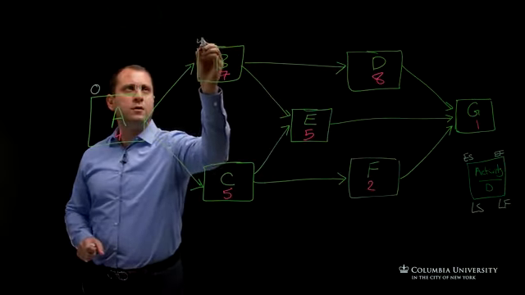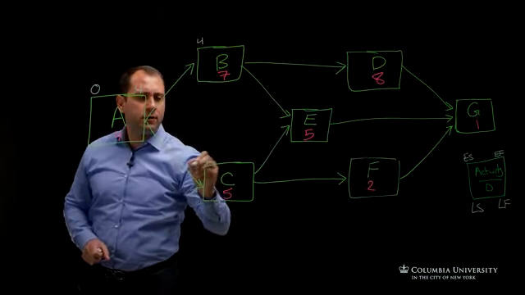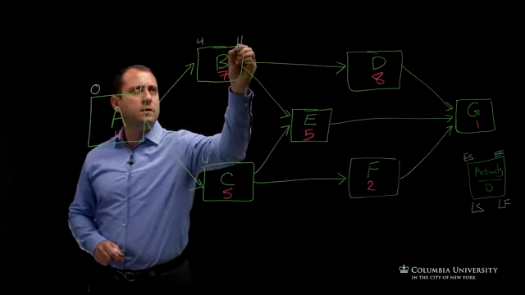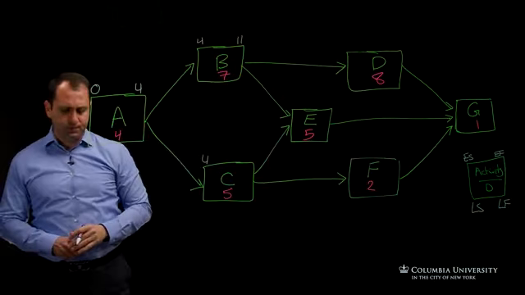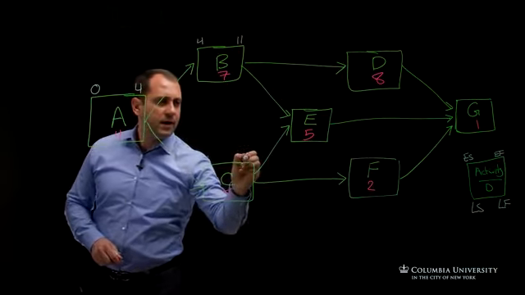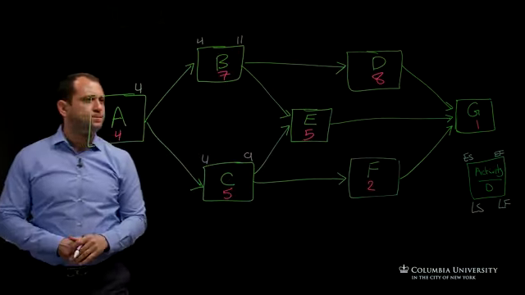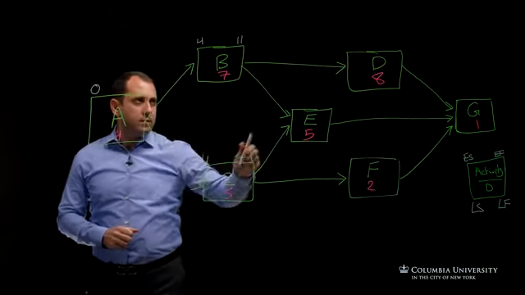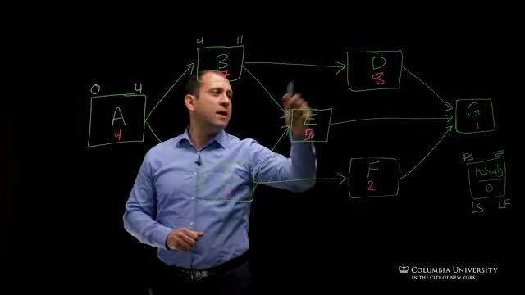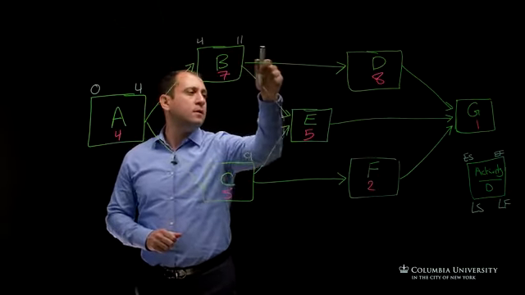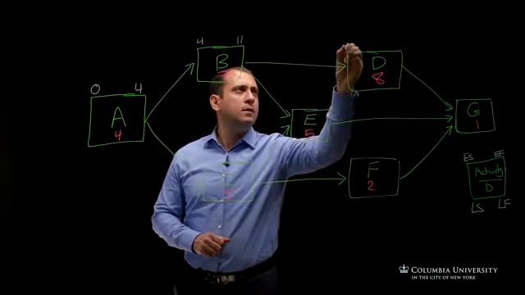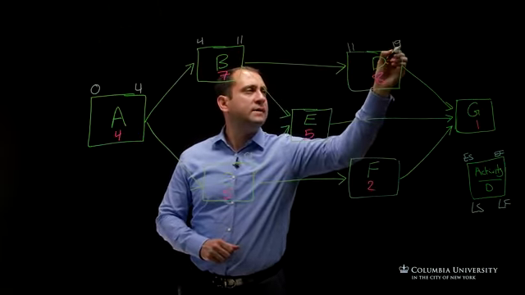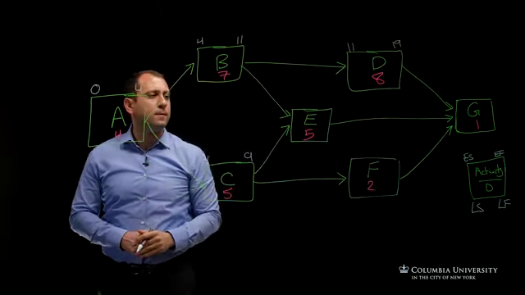So we have 4, 4 plus 7, we have 11, which will be the early finish. 4 plus 5, 9, the early finish for C. Then for D, the early start is 11. 11 plus 8, you have 19, the early finish.